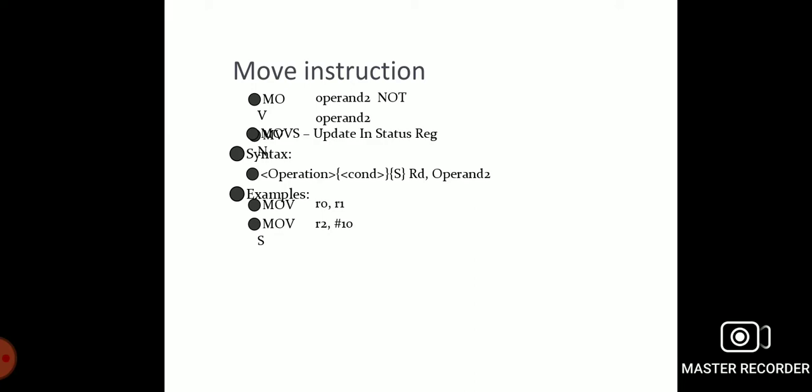For example, MOV R0, R1 moves to R2. So assume 10 is the data in R0 and R1. So R0 and R1 are moved to the R2 register. So here is a simple example of move instructions.